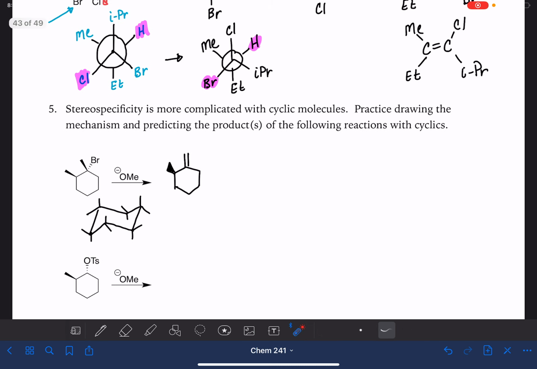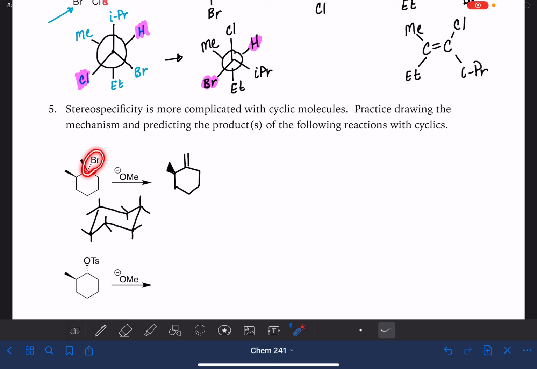Now, again, in order for elimination to take place, the leaving group and the hydrogen need to be anti to each other. And on a chair conformation, that means that they both need to be in axial positions with one up and one down. So what we want to do is begin by placing our leaving group, because that's going to be important.